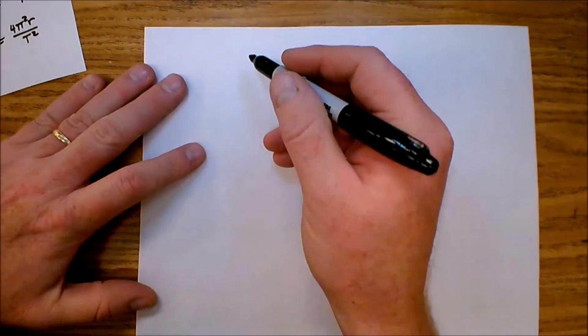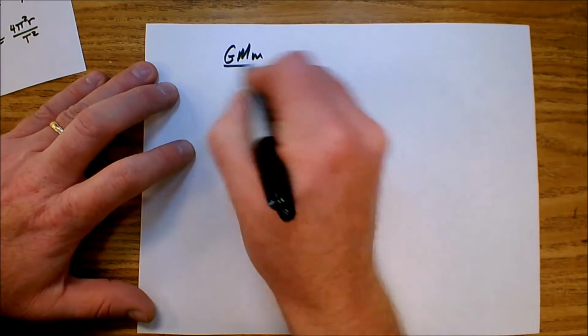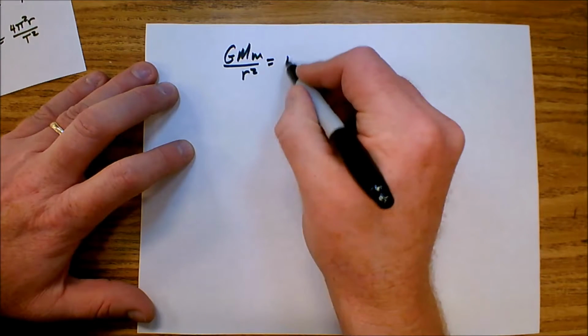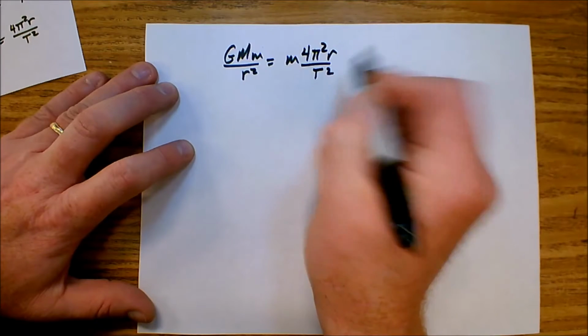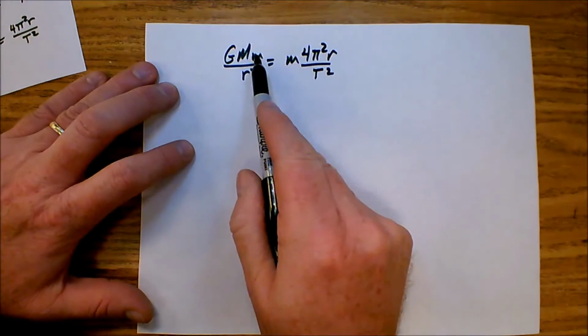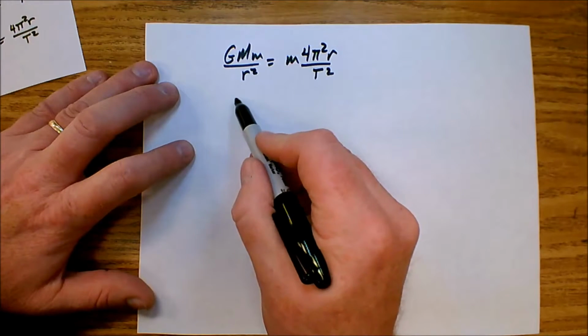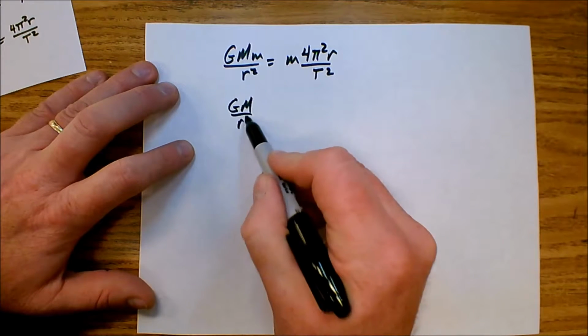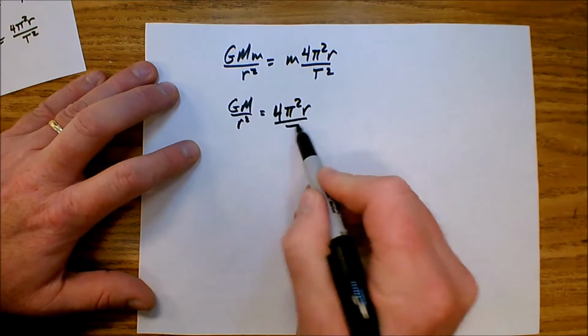So what I've got then here is G M over r squared equals m times 4 pi squared r over T squared. And at this point I can see I can divide out the mass of the satellite, it disappears. So that's going to leave me with G big M over r squared equals 4 pi squared r over T squared.